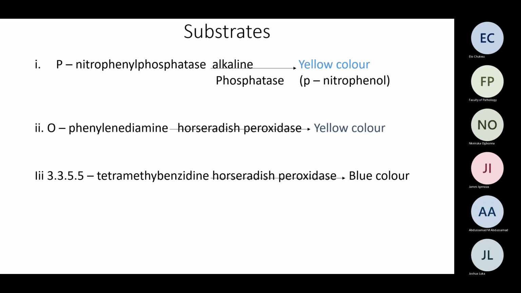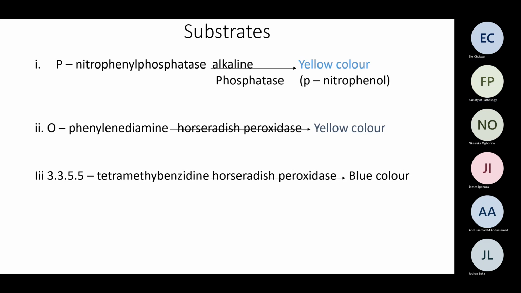Also, another substrate that is used for horseradish peroxidase is 3,3',5,5'-tetramethylbenzidine.